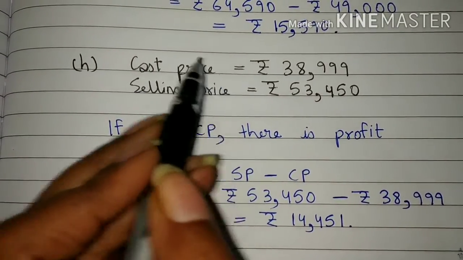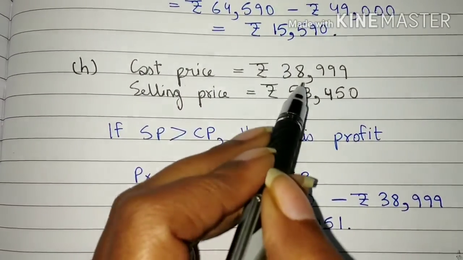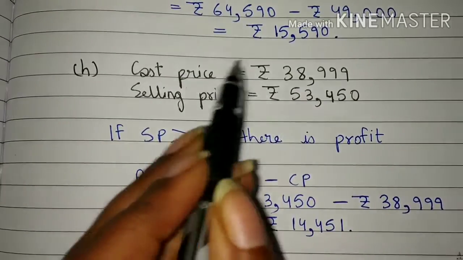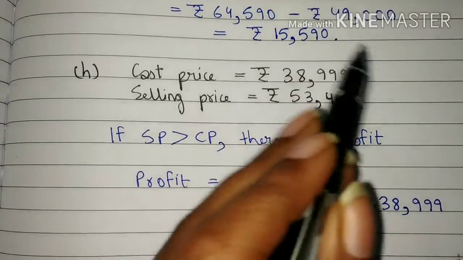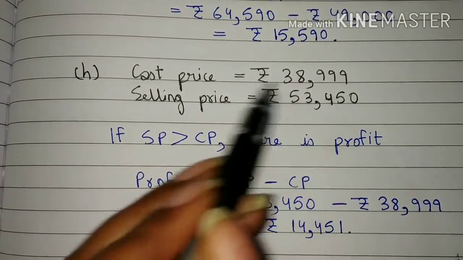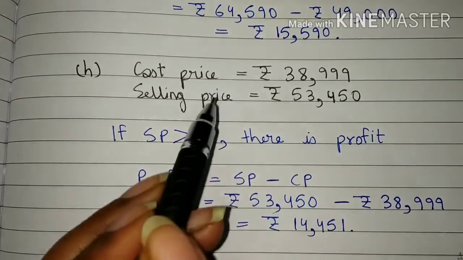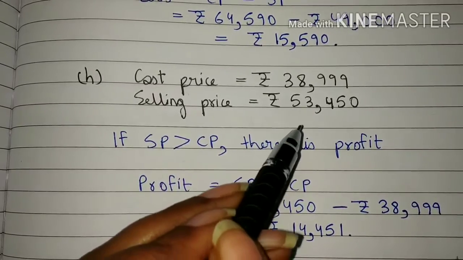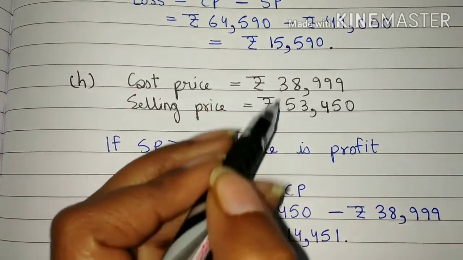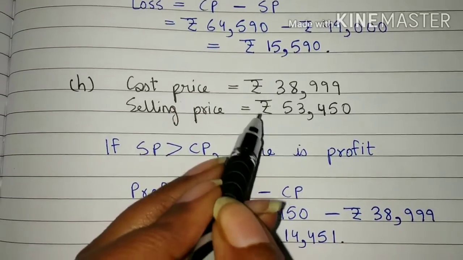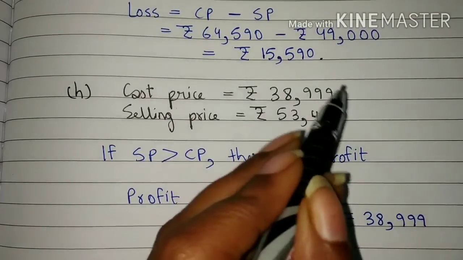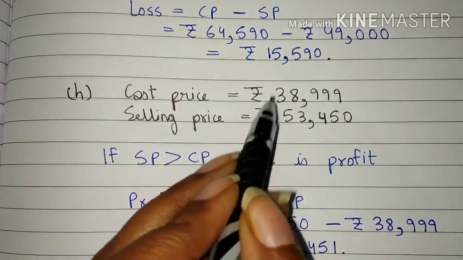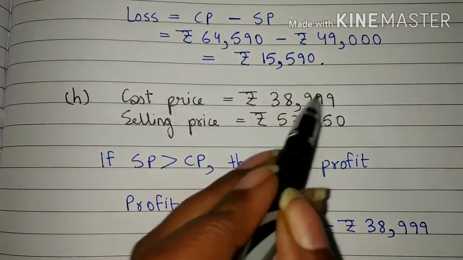Cost price is given, that is rupees 38,999. Selling price is given, that is rupees 53,450. And there are two blanks. One is for profit and the other is for loss. Students, when you compare these two prices, you will see that rupees 53,450 is greater than rupees 38,999.